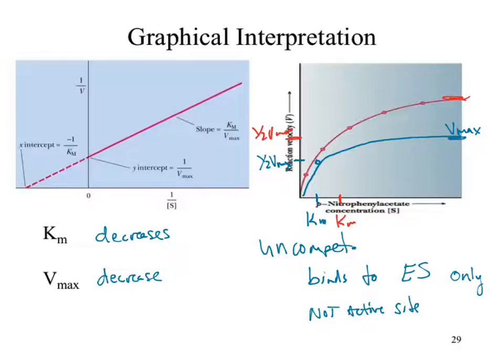Okay. So how do we plot that onto our Lineweaver-Burk plot? Vmax decreases, which means the y-intercept will increase. Km decreases. If Km decreases, 1 over Km gets larger, but it's a negative value, so it gets further from the 0, and it ends up hitting somewhere out here.